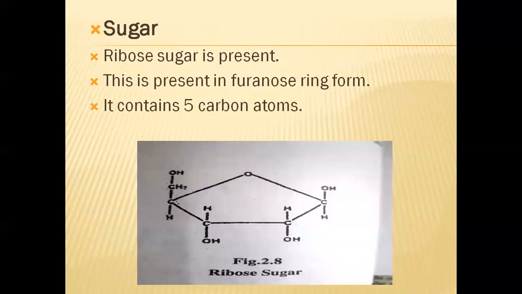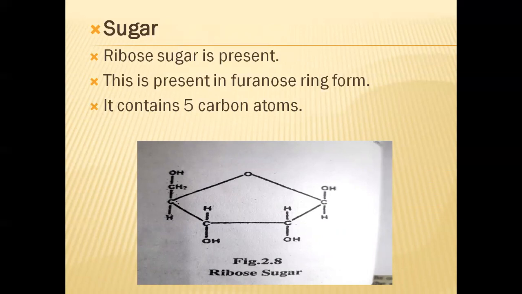Next component is sugar. In RNA, ribose sugar is present. That's why we call this RNA ribonucleic acid, based on the type of sugar.